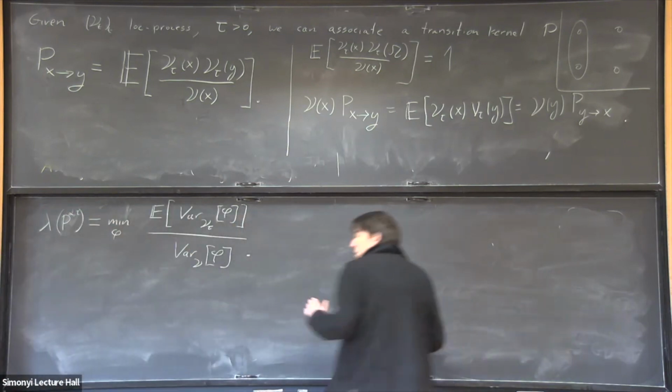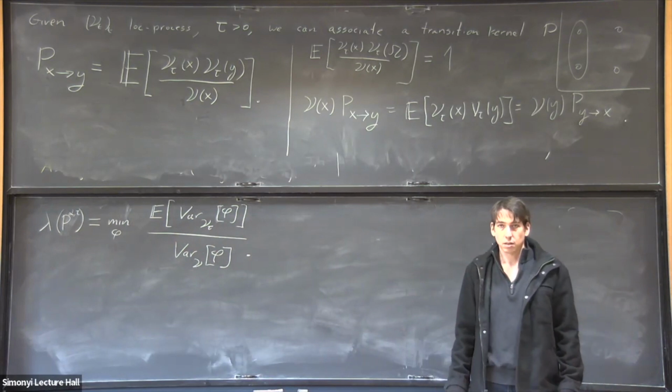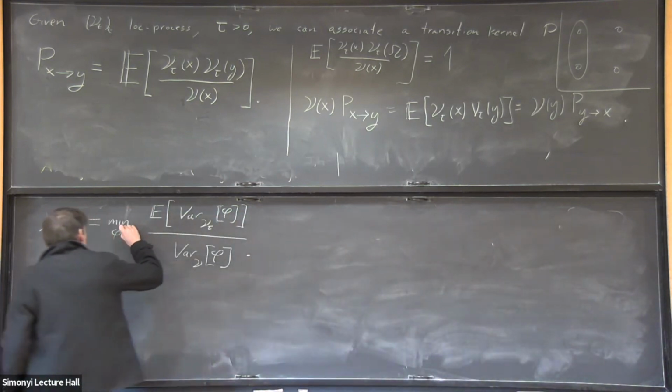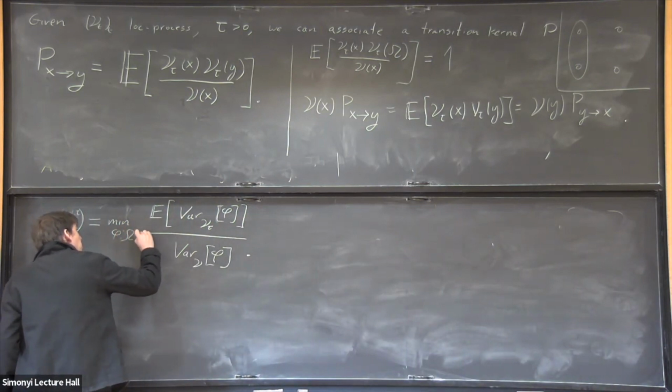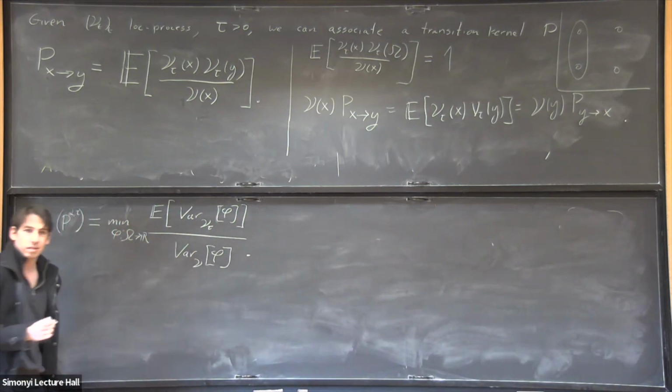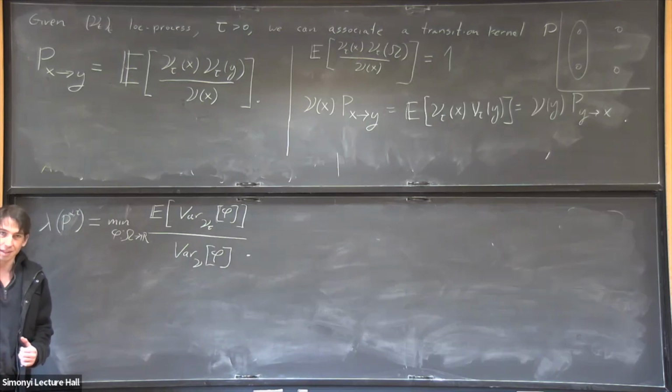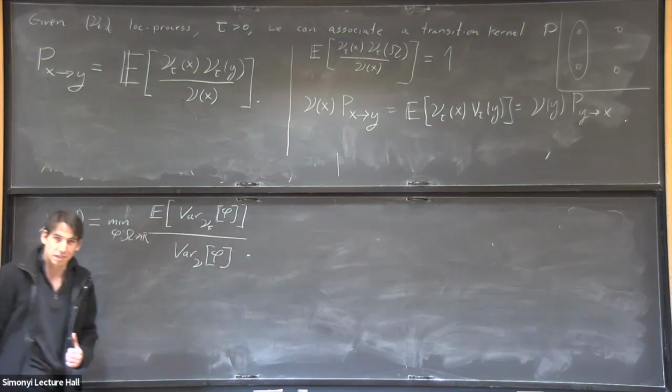What is phi? Phi is any test function from my state space to R. So I should think about it as a vector on the hypercube, like the vector is indexed by points of the hypercube.